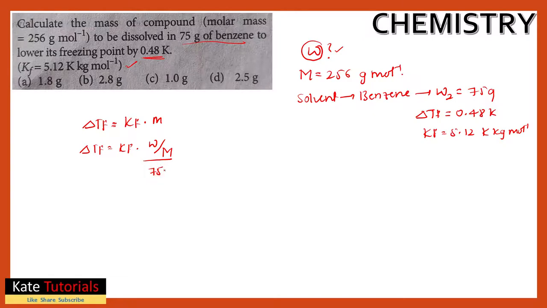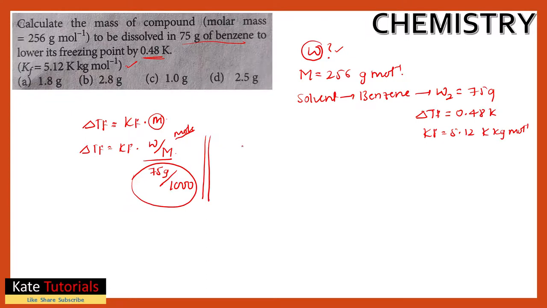To convert gram into kg, I divide by 1000. Weight divided by molar mass gives moles, so moles of solute per kg of solvent is nothing but the molality. I have just substituted the formula.